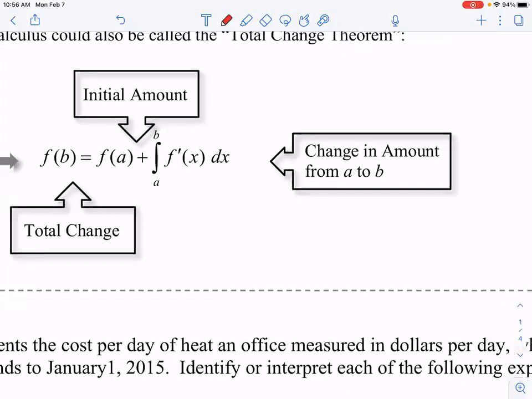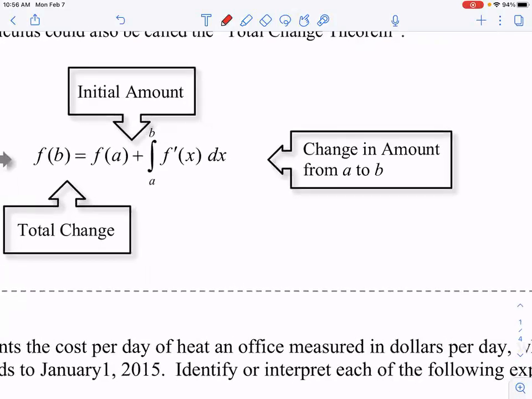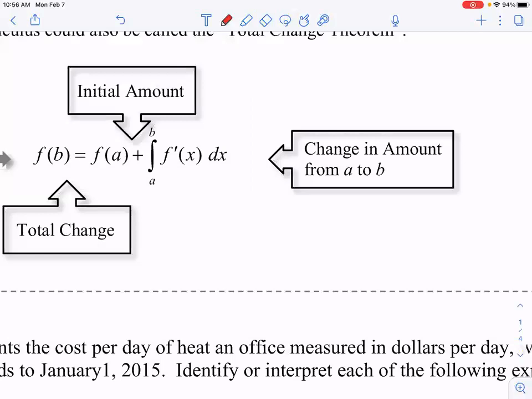So we have an initial amount, we're adding the change from a to b. How much do we have left at the end? Now we're going to have to put this in context, and that's going to be the biggest practice that we have right now.